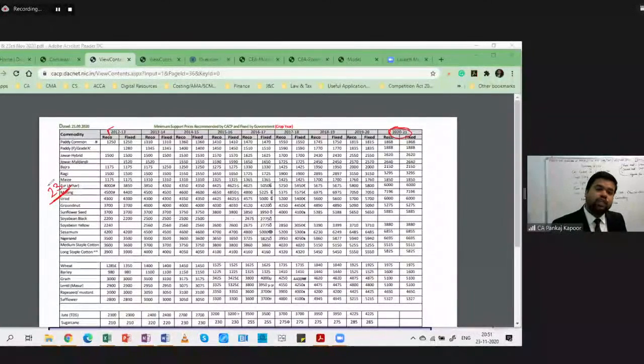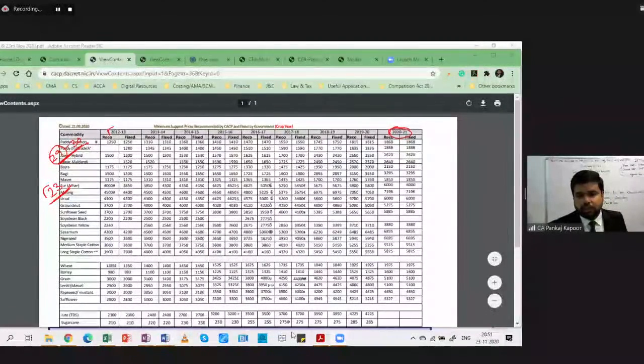So if you count the number of MSPs, you will find around 29 or 30. But there are only 23 crops for which the MSP is decided. And what are those 23 crops? Let me discuss the same with you.